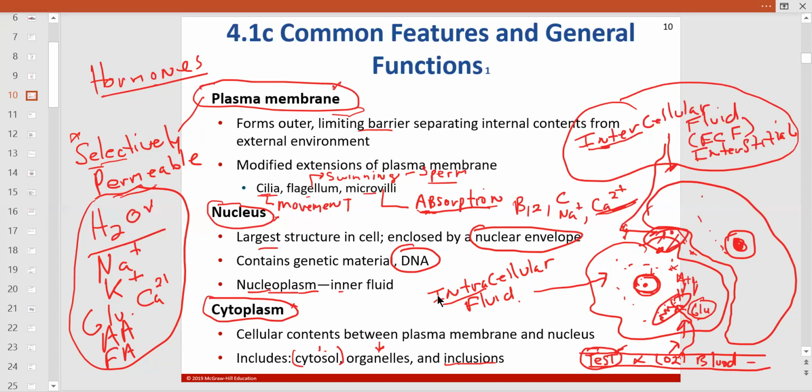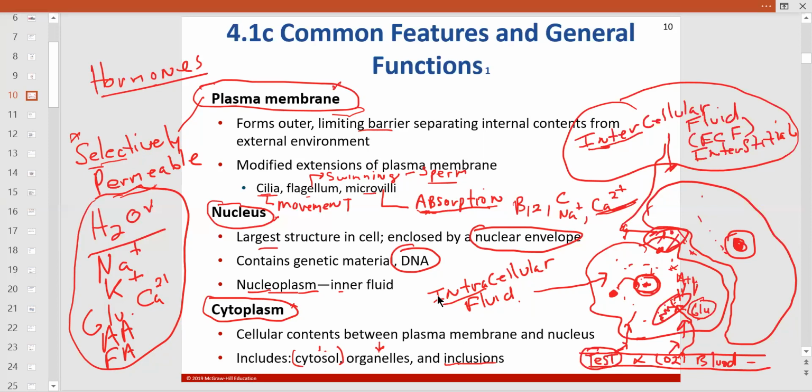Testosterone goes into the interstitial fluid, walks right into the membrane. You don't even need a bouncer because he's lipid soluble. The membrane is mostly lipid. He walks right in, gets into the DNA. DNA sends a message to messenger RNA. Messenger RNA goes to the ribosome, starts busting out proteins, building muscle, building bone, anabolic.